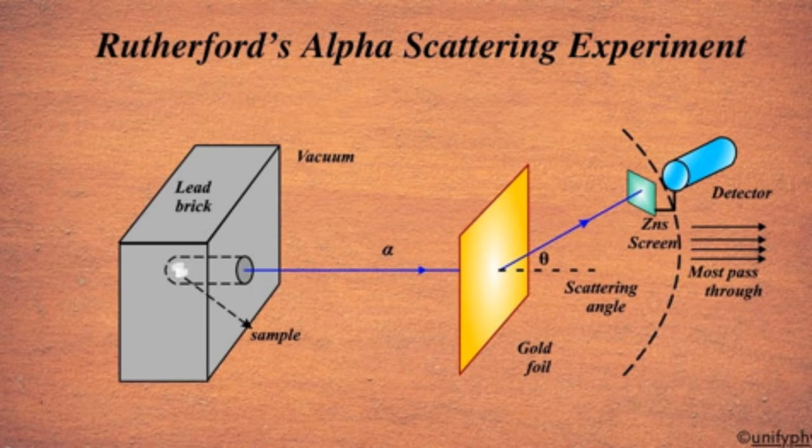And some of the alpha particles also bounce back at a very large angle. We have interpreted all those observations during our face-to-face, so I believe you don't have any problem here.